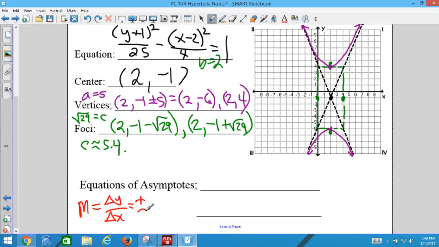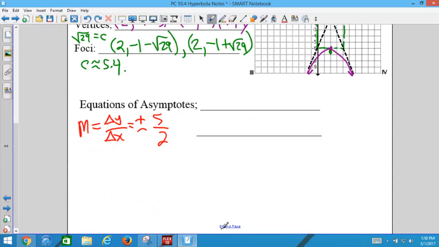To do the asymptotes, we have to find the change in the y and the change in the x. So we look at our y in the equation and what's under the y. 25, so it's going to be 5 over what's under the x. 4, so it's going to be 2. So 5 over 2 for our slope, plus or minus.